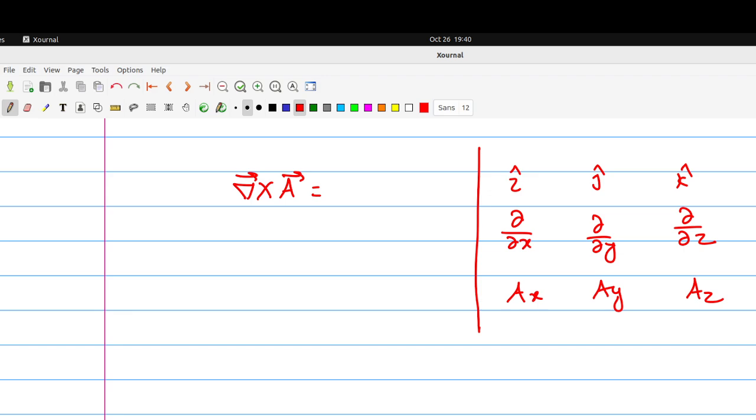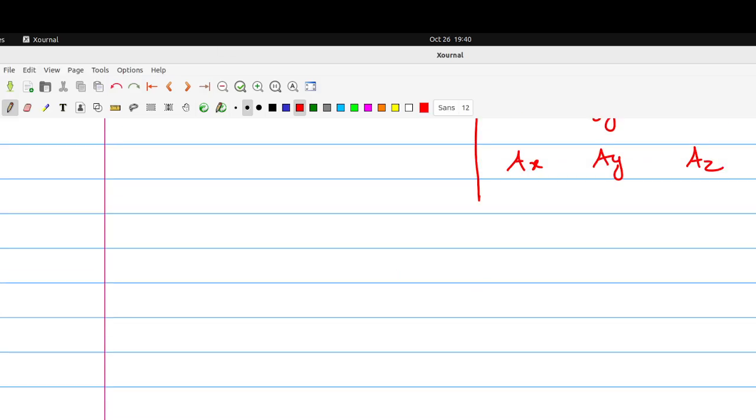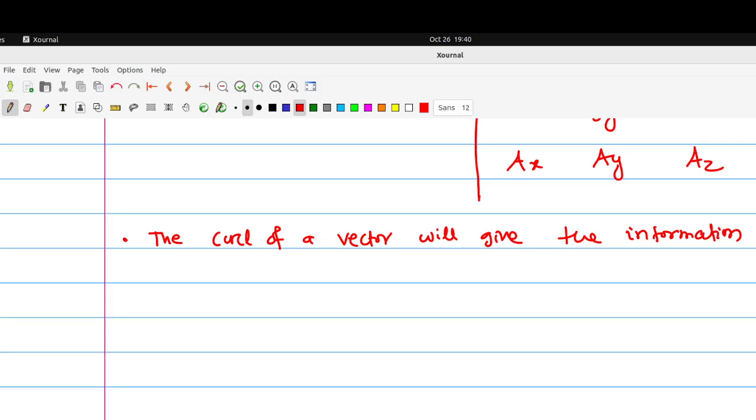Now you'll ask what is the meaning of curl. That's the interesting part. The curl of a vector will give the information about vortex.